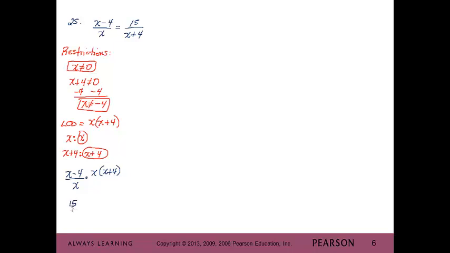And then 15 over x plus 4 times x plus 4. The x's cancel in the first, and we're left with x minus 4 times x plus 4. And then for the second, the x plus 4's cancel, and we're left with 15x. So our equation will become x minus 4 times x plus 4, and it's going to be equal to 15x.